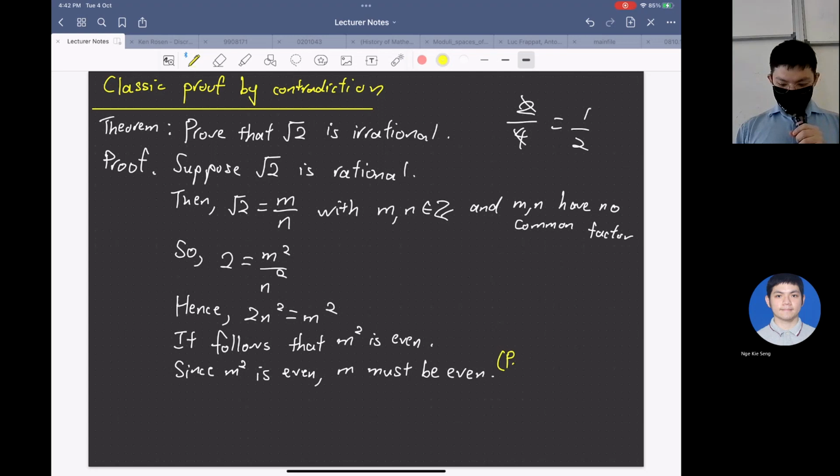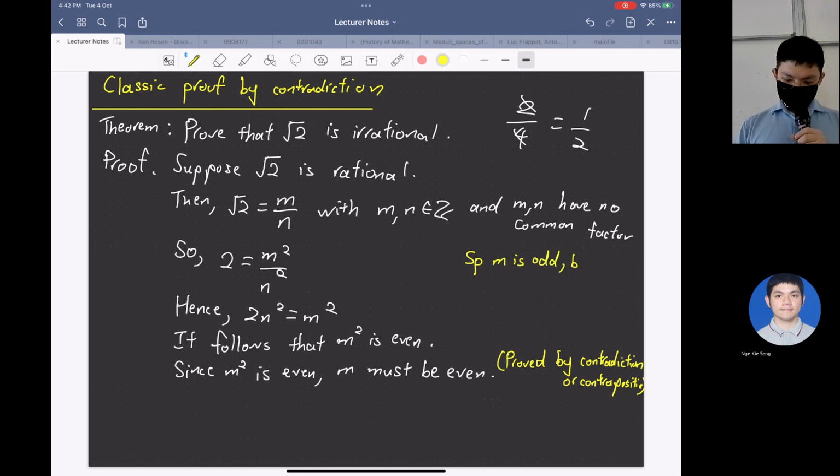So prove by contradiction or contrapositive, both are similar. Both have to start by negating the result. So suppose m is odd.